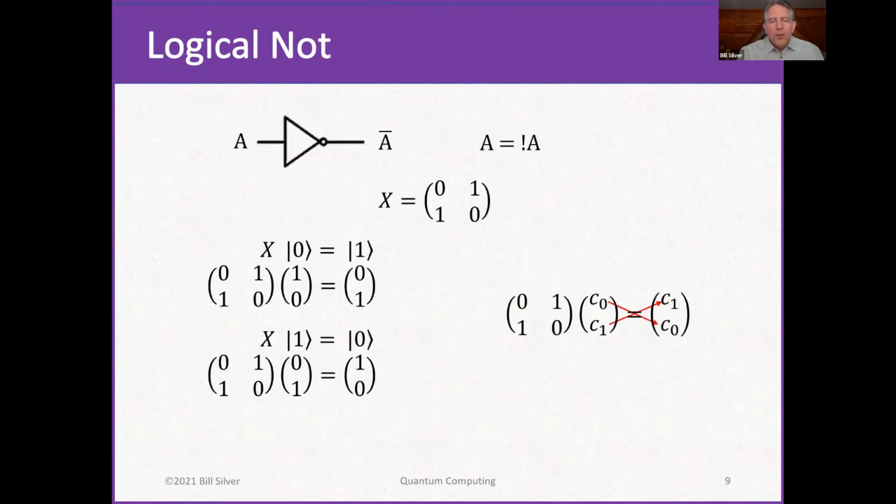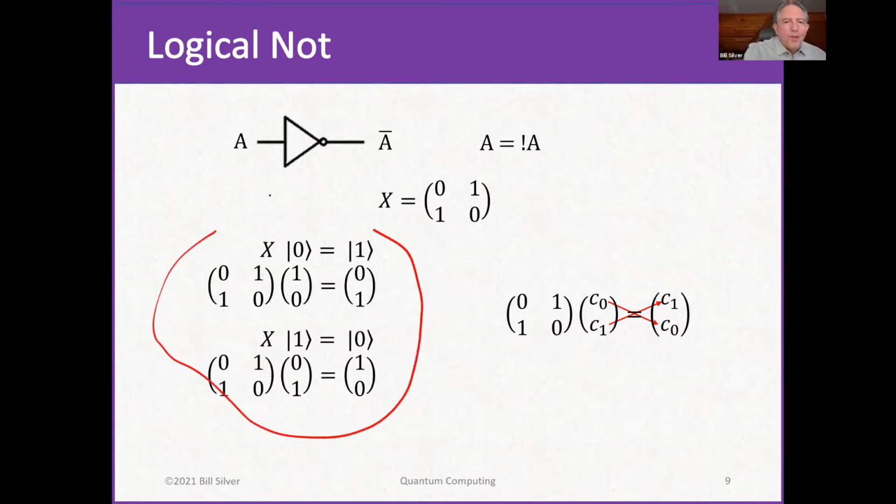Let's see. Yeah, we looked at the simplest logical NOT gate. It's a 1 qubit rotation. What it does is simply flip basis state 0 to state 1, and state 1 to state 0. You can think of this as the little truth table of the whole thing.